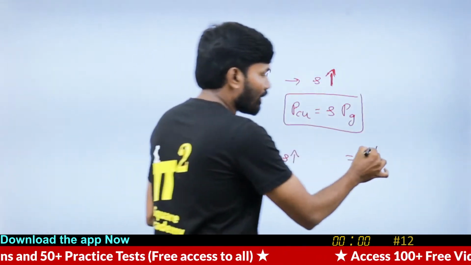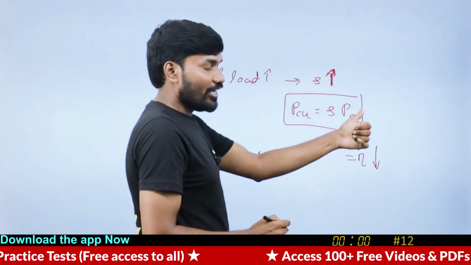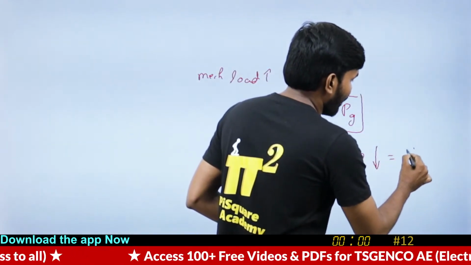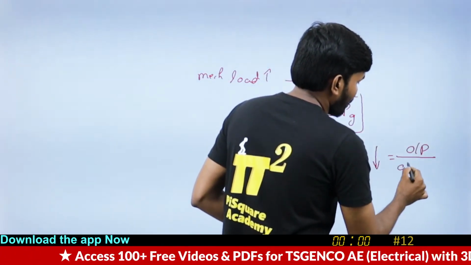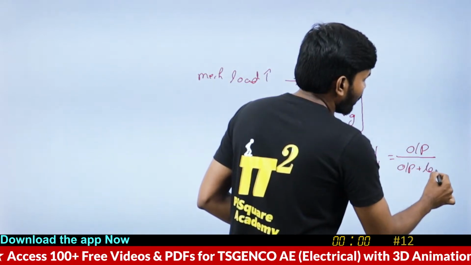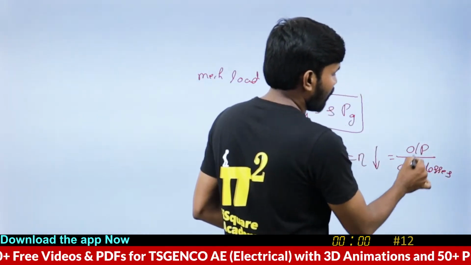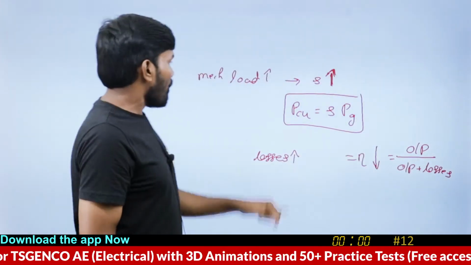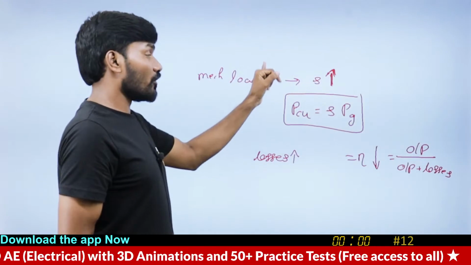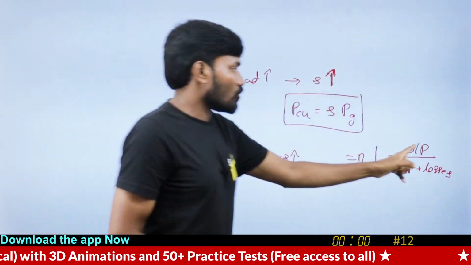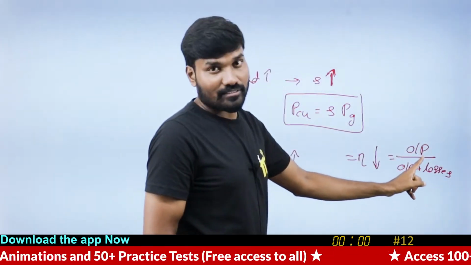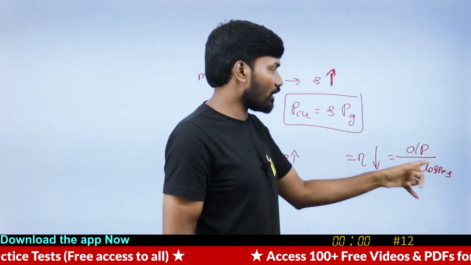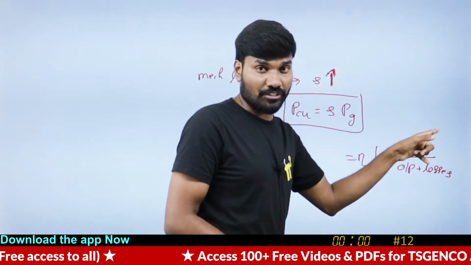Yes, you are correct. If losses increase, efficiency will decrease, provided the output is constant. But what has happened to the output? Output is also increasing. So numerator is increasing, denominator is increasing. After all it's a ratio. I'm not maintaining output constant, that is also changing.